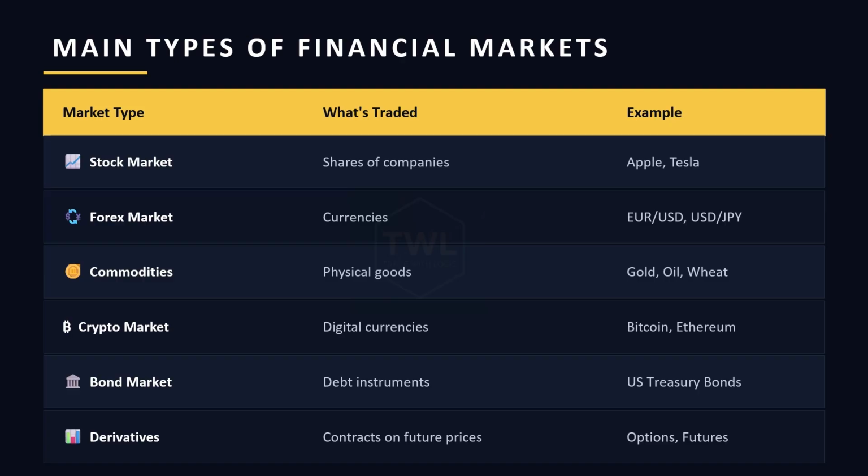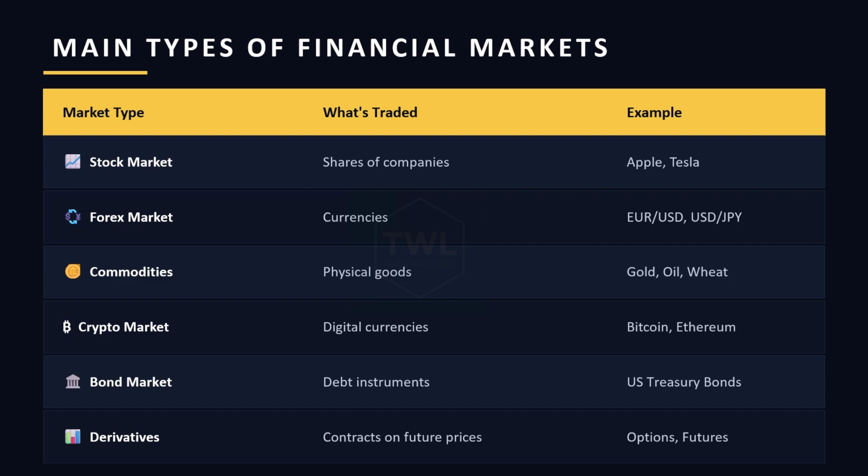Let's go through the main types you'll hear about constantly. The stock market, where you trade shares of companies like Apple or Tesla. The Forex market, where you trade currencies like Euro USD or USD JPY. This is where most of you watching are probably going to spend your time. The commodities market, physical goods like gold or oil.